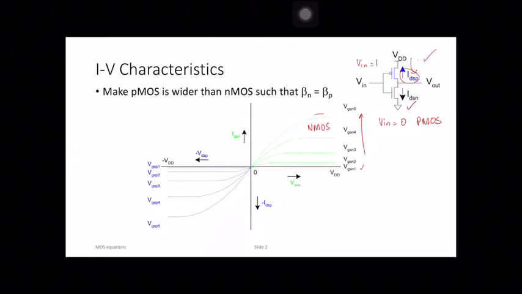This graph is for when the PMOS is on. Same thing, if you increase the VGS between the gate and the source of P, you can also increase the current.